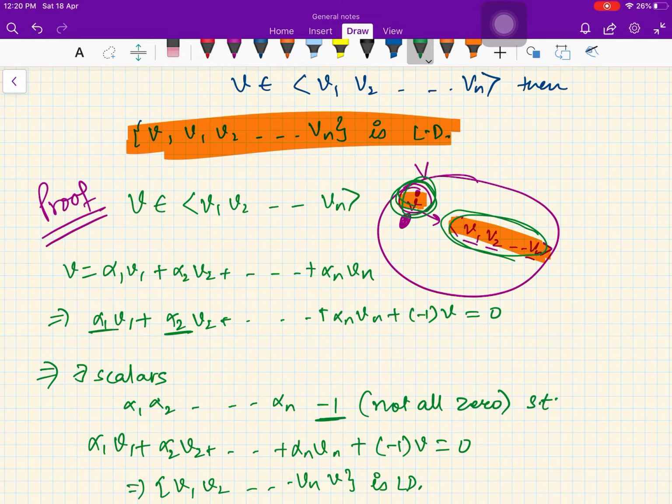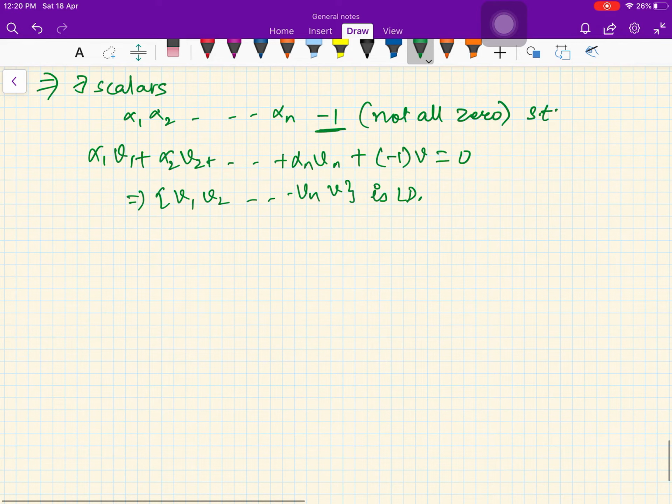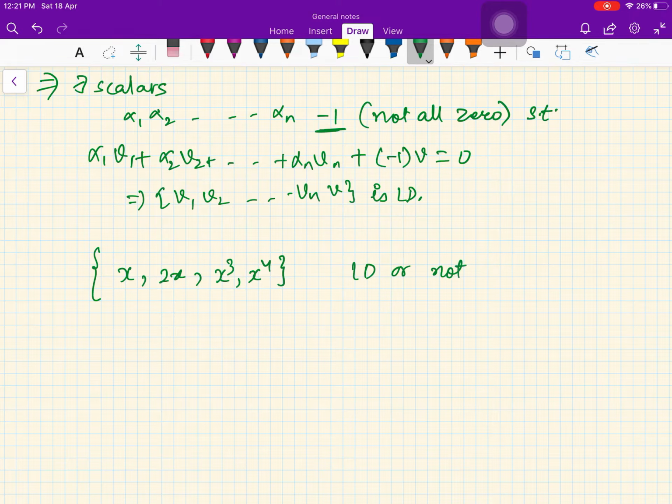So it means that if one of the vectors is a linear combination of other vectors, and you include them together, then obviously you'll get a linearly dependent set. For example, if I ask you, say x, 2x, and then you have x cube, x raised to power 4, is this linearly dependent or not?